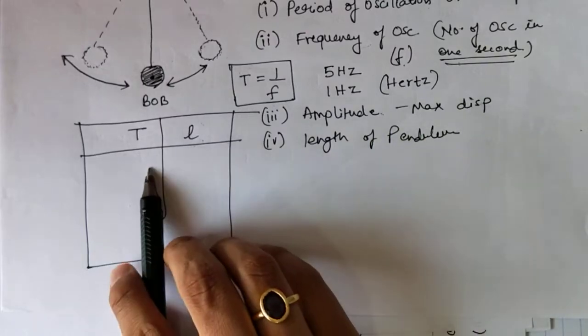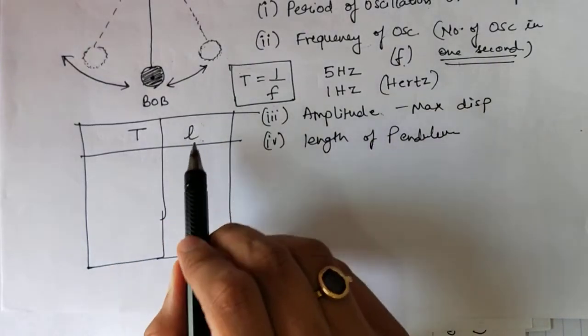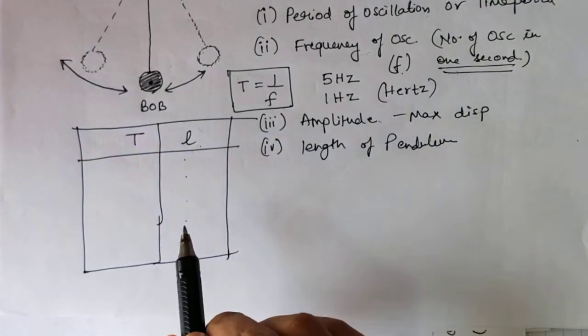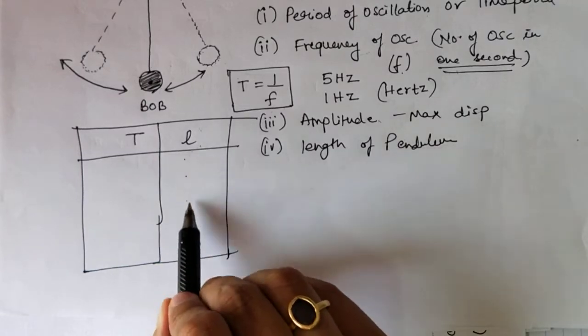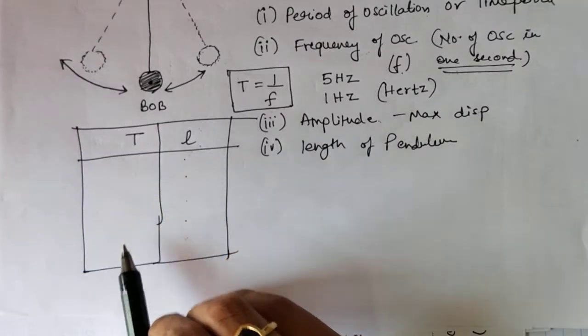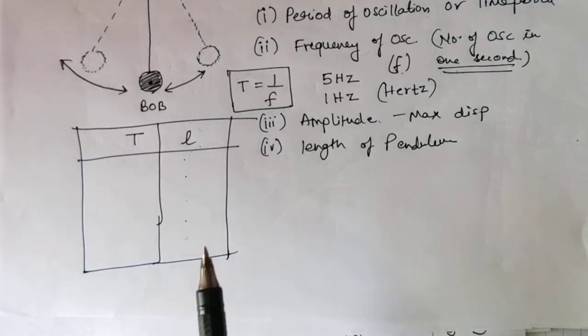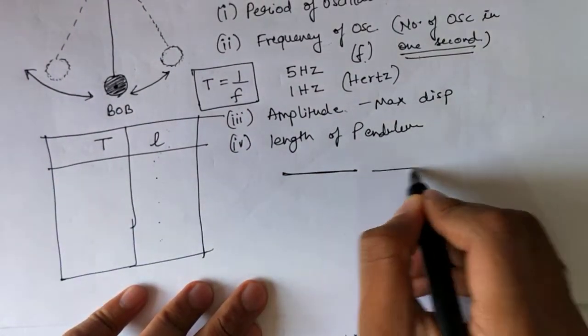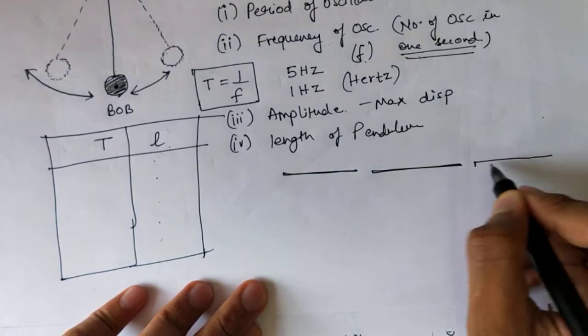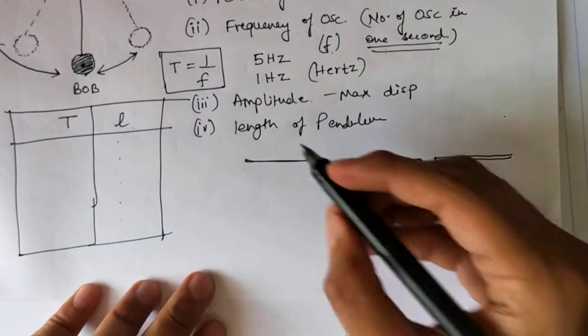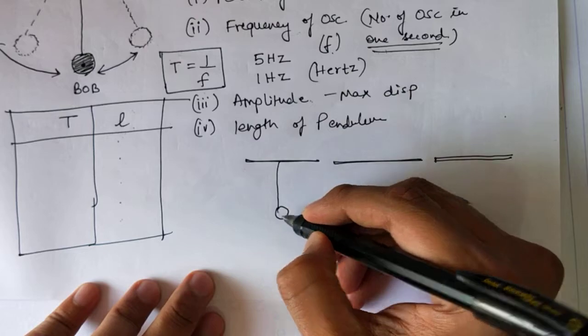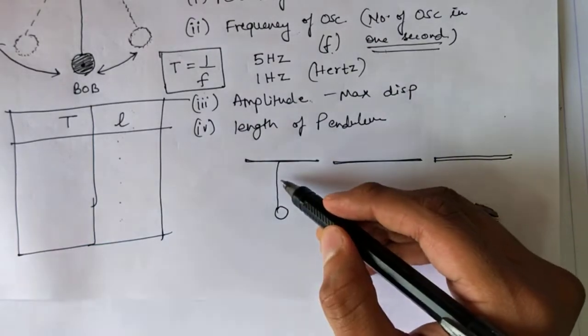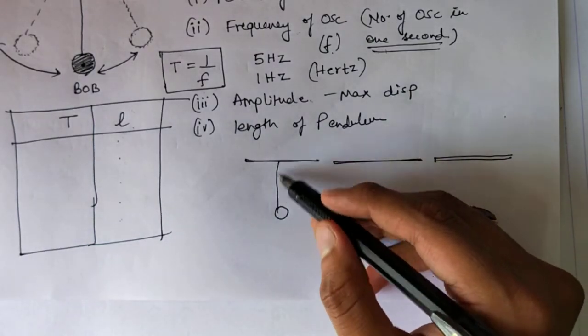They have performed the experiment, and what they have done is they changed the length of the pendulum, and depending upon those lengths, they calculated the time period of oscillation. Let's say they used different pendulums. The first pendulum had the length 25 centimeter.